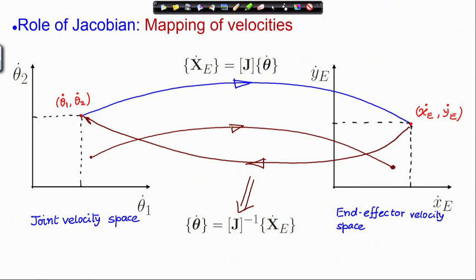Now, remember, these relations are configuration dependent. For example, this relation might be valid. Remember that the configuration of a 2R manipulator is specified by theta 1, theta 2.